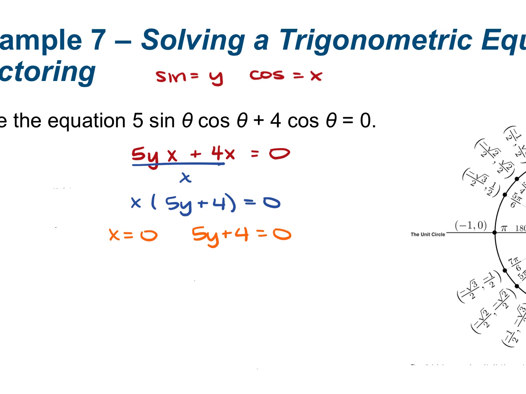Your x is equal to 0. You can't do anything with that, so leave it alone. That 5y plus 4 is equal to 0. Subtract the 4 from each side. You get 5y is equal to negative 4. Then divide each side by the 5. You have that y is equal to negative 4/5.